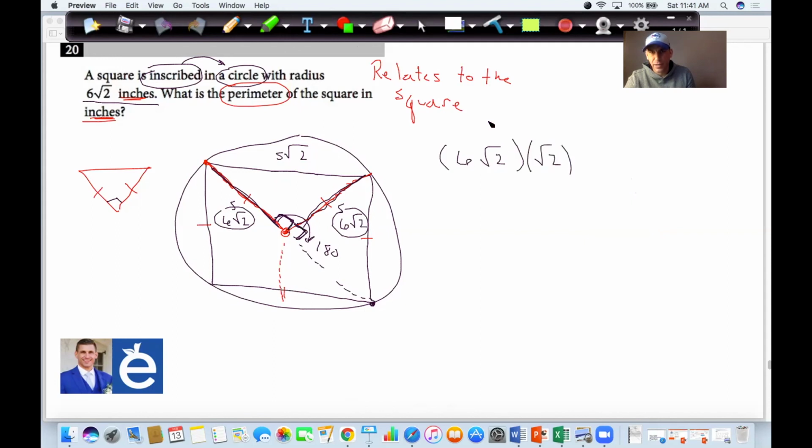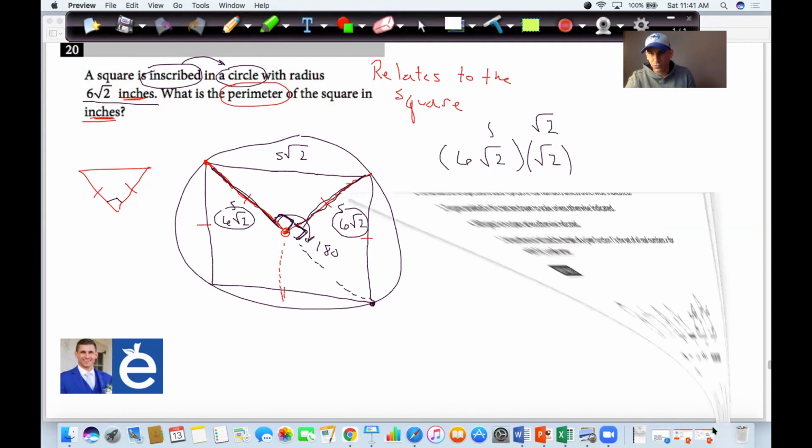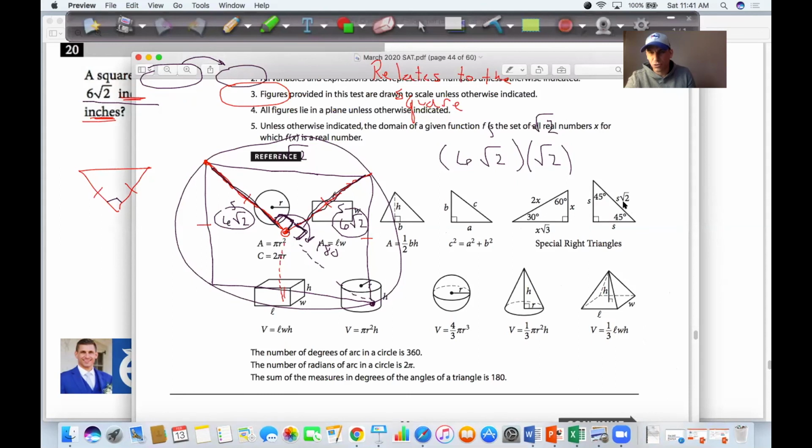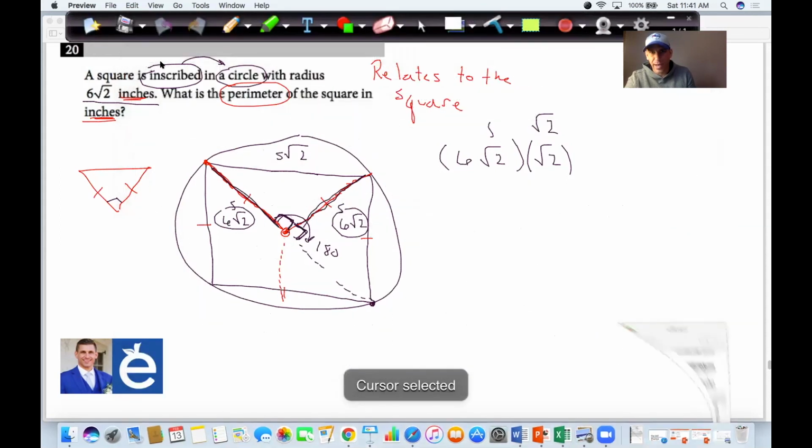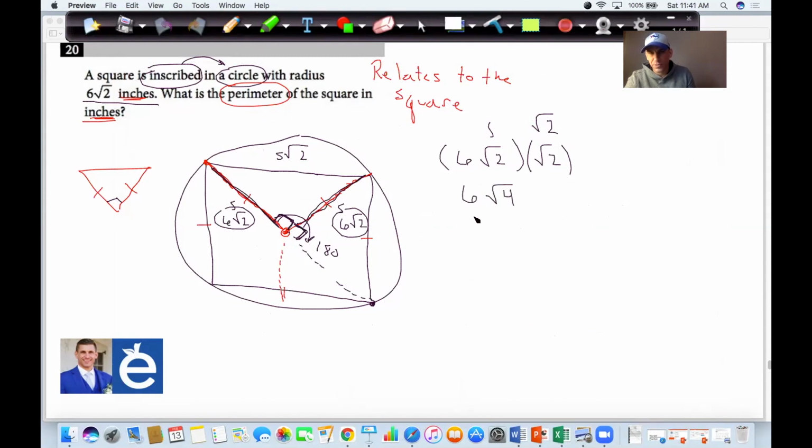This would be like S and then S radical 2, according to this condition here: what's across from the hypotenuse is S radical 2. Going back, making this easier, if I multiply this, I get 6 times radical 4, which simplifies to 6 times 2, which equals 12.